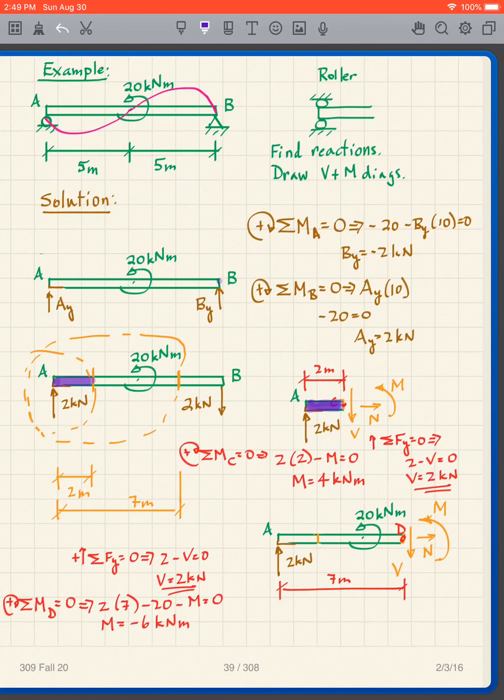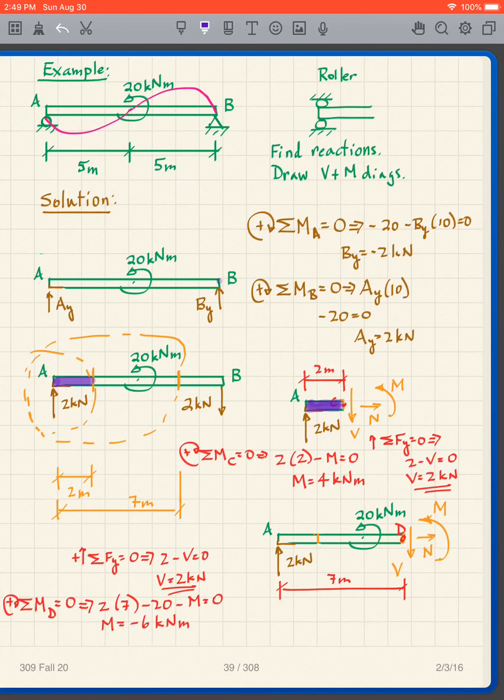So at a distance of 2 meters, we made a cut at 2 meters here, and we get M is 4 kilonewton meters, and V equals 2. All right, so we're going to make a cut at X equals 7 meters over here. So I'm going to take this free body diagram, and that is represented over here.